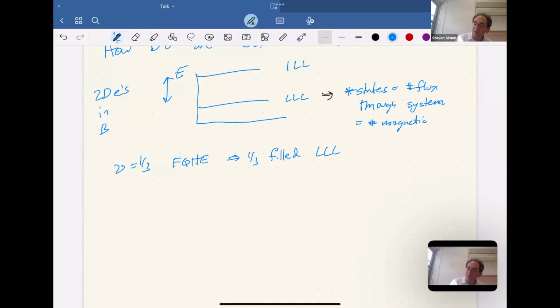So if you want to think about electrons in a magnetic field as being like Bloch electrons, you take a region which has one flux quantum through it, you call that one unit cell. The next region with one flux quantum through it is another unit cell, and so forth. And there's one state in the lowest Landau level per magnetic unit cell.